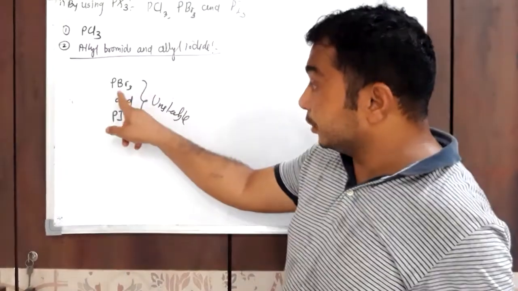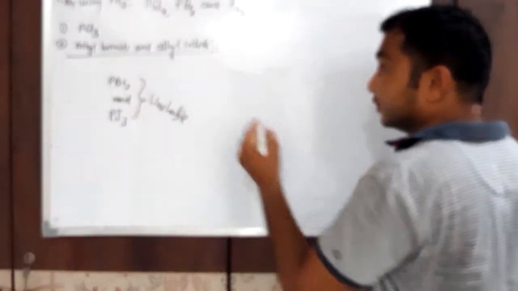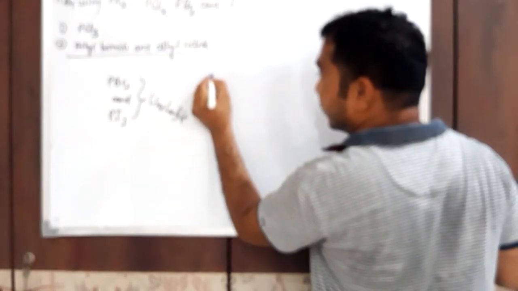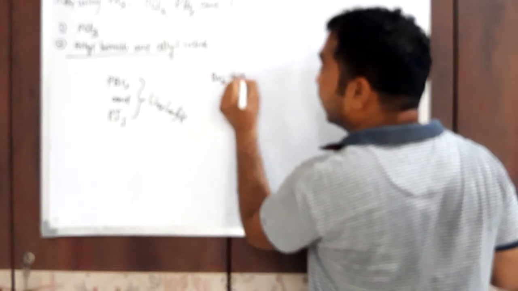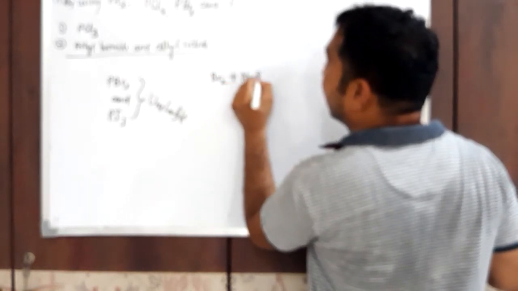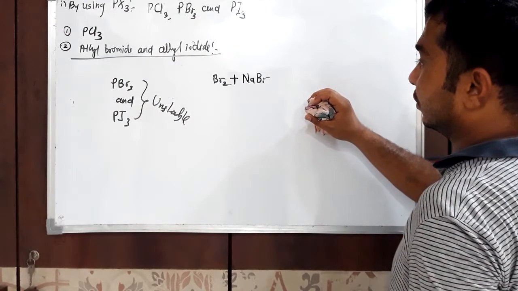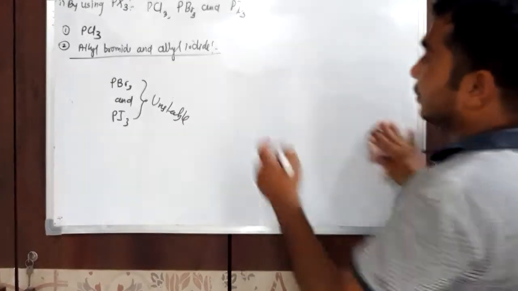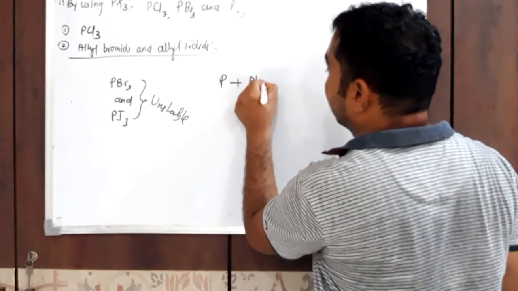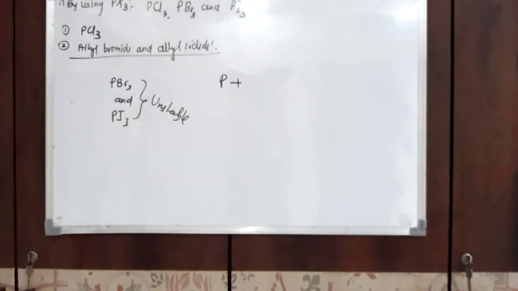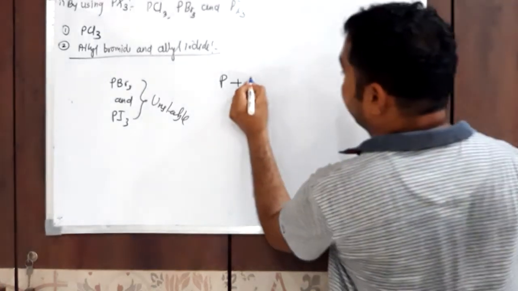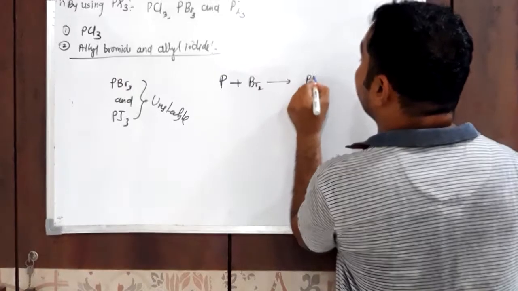So whenever we need PBr3 or PI3, phosphorus reacts with bromine, giving PBr3.